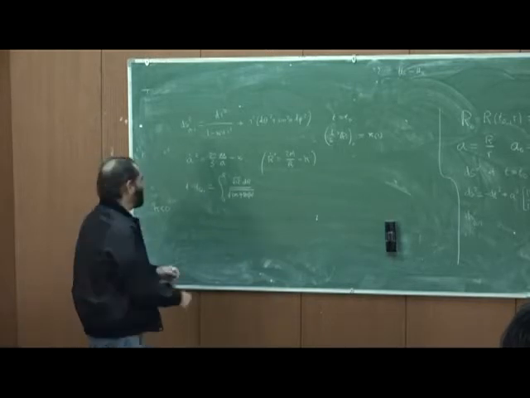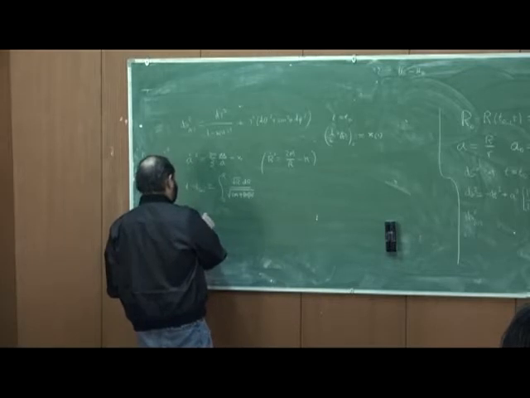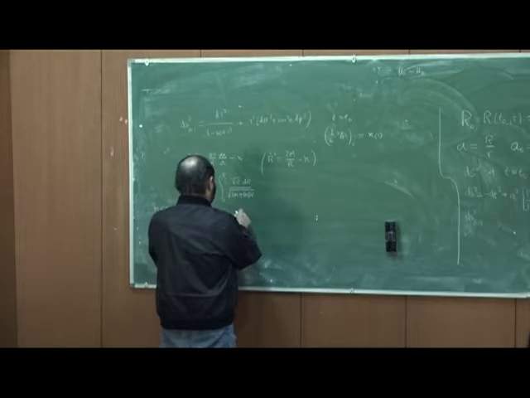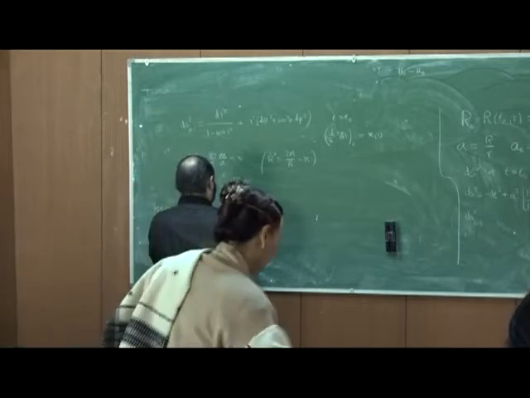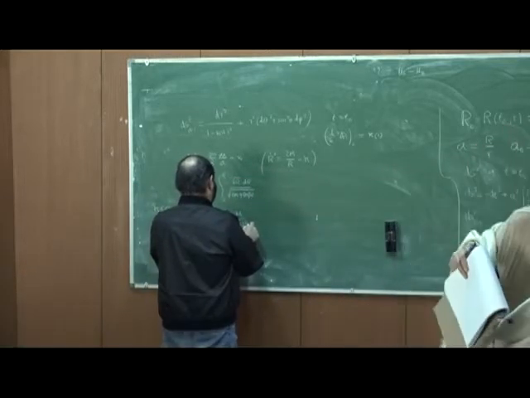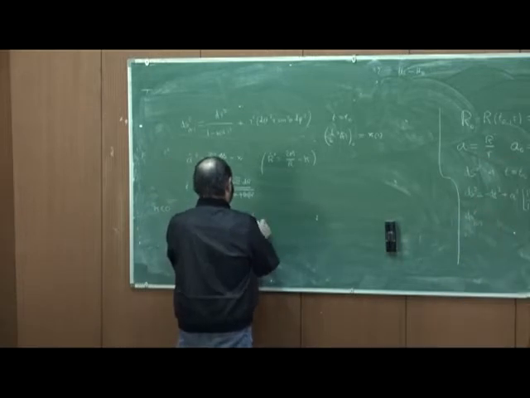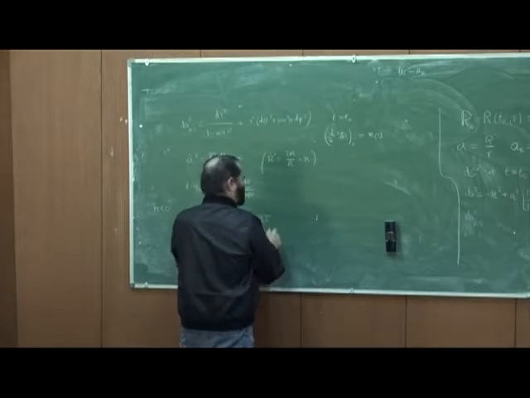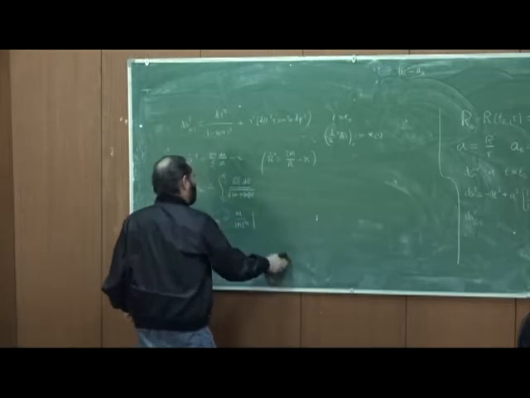So the implicit solution was something like t minus t_BB equals something like m over something like this, times, but let's write that in this way. Easier.